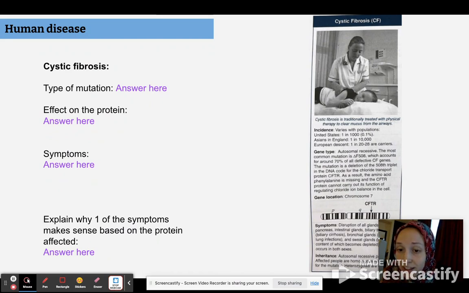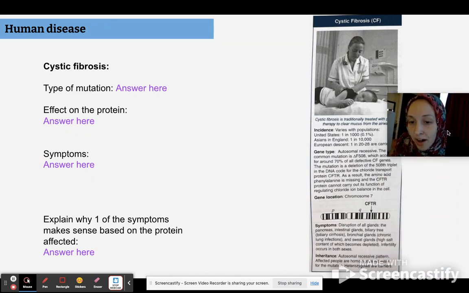And so as a result, the protein cannot regulate chloride ion balance in the cell. And so things like our glands, pancreas, intestinal glands are affected because all of these glands and organs require the transport of chlorine in and out of the cells.